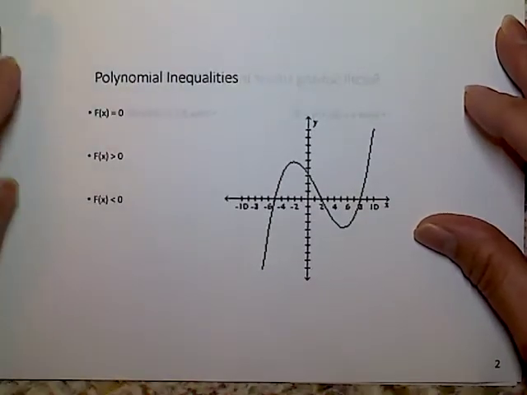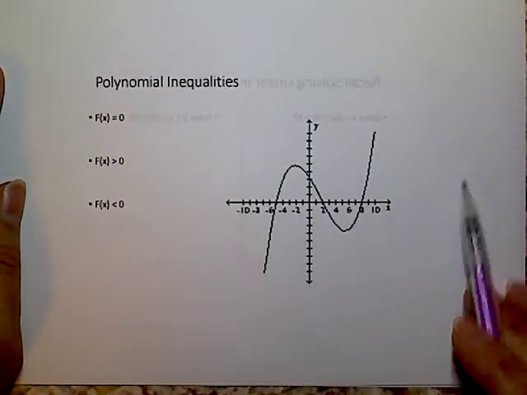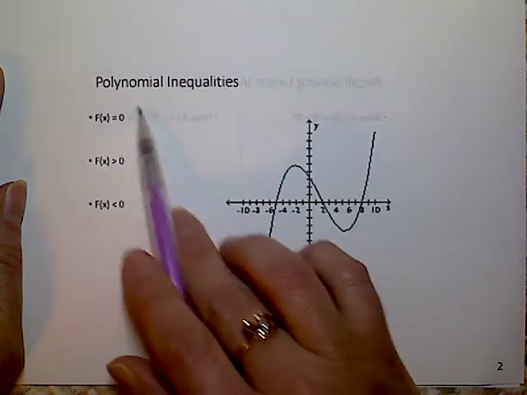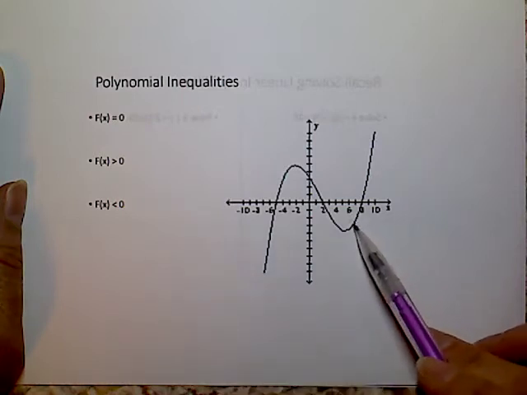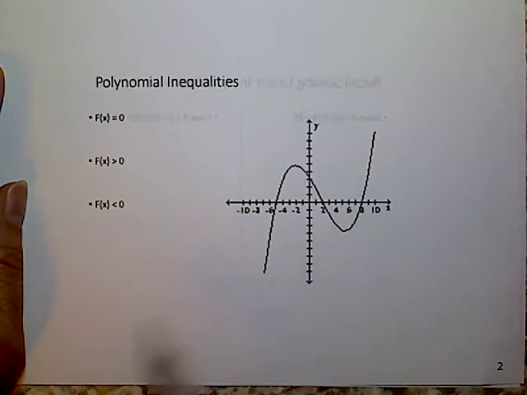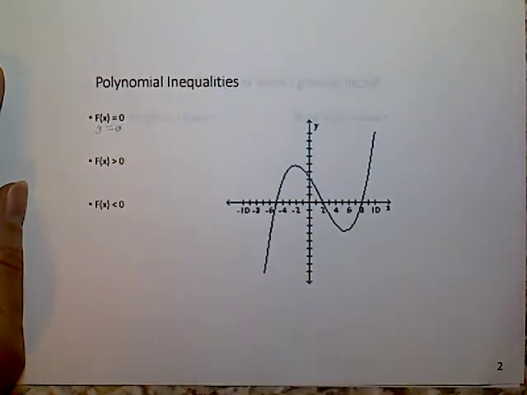Alright, the first thing I want to look at is just a graph of a polynomial, and looking at the notation for this. This was notation that we were familiar with back in Chapter 3 and our polynomials from Chapter 5. So we're going to put some ideas together. Remember when it said f of x equals 0, it was the same thing as saying, where does y equal 0? F of x is just y.